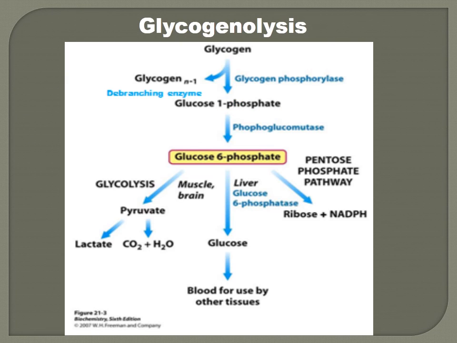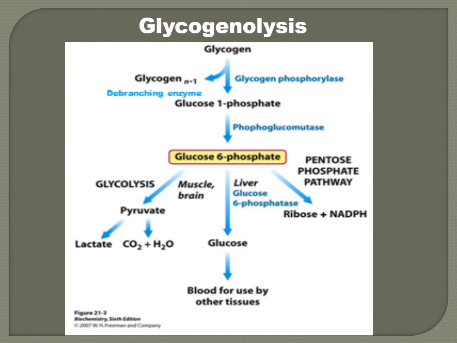So this is about glycogenolysis, where the glycogen phosphorylase enzyme removes glucose from glycogen as glucose 1-phosphate, and this glucose 1-phosphate formed can be isomerized by the enzyme phosphoglucomutase to form glucose 6-phosphate. But this glucose 6-phosphate can be utilized by the cells depending on its need.